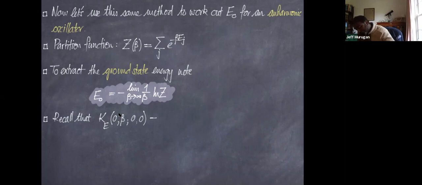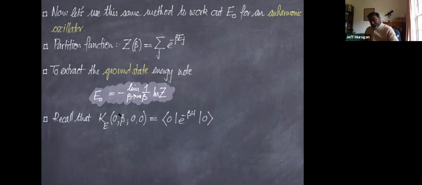The Euclidean path integral between those two states, the ground state, which I'm denoting 0, is just that state evolved in Euclidean time and projected back onto the ground state.